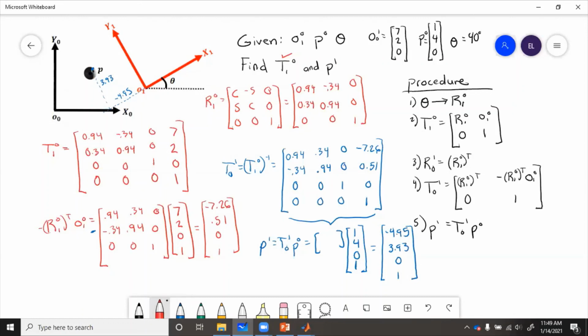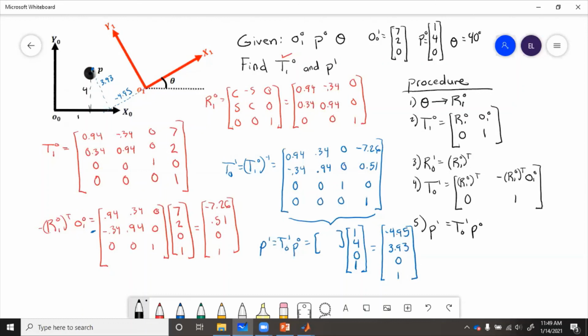As compared to the original coordinates, which we had here was 1, 4, and 0. So 1 in the x and 4 in the y.